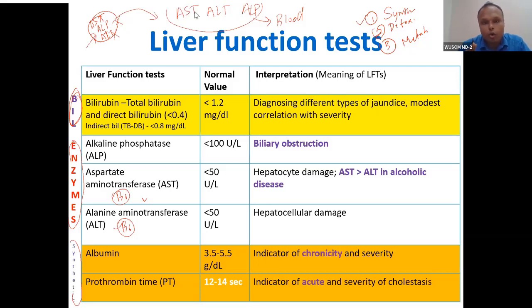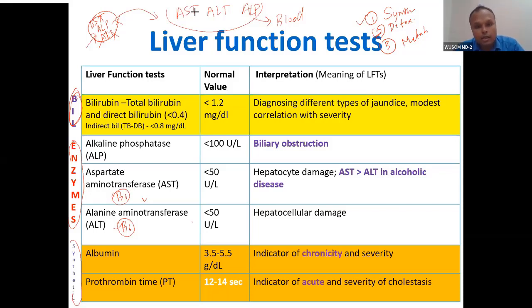These are not normal residents of plasma; these are normal residents of hepatocytes. So when the hepatocyte breaks, these enzymes come into the blood. And that is how, if these enzymes are high in blood, we understand that there is damage in the hepatocyte.